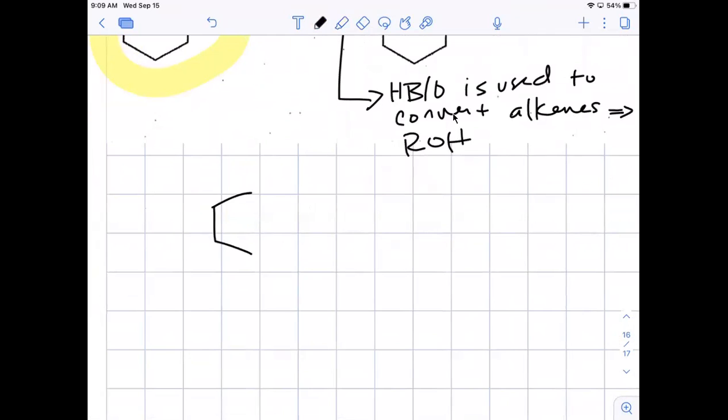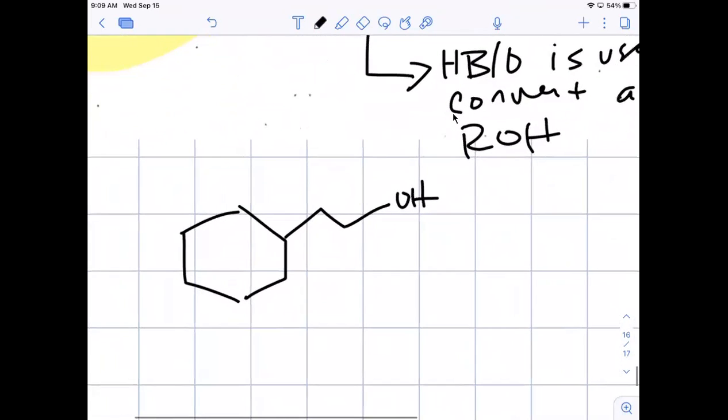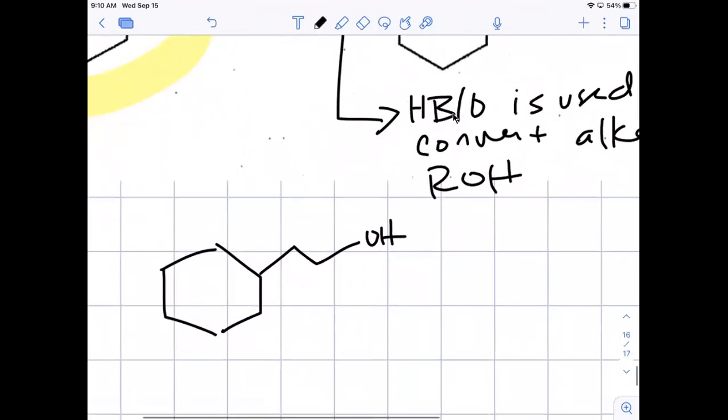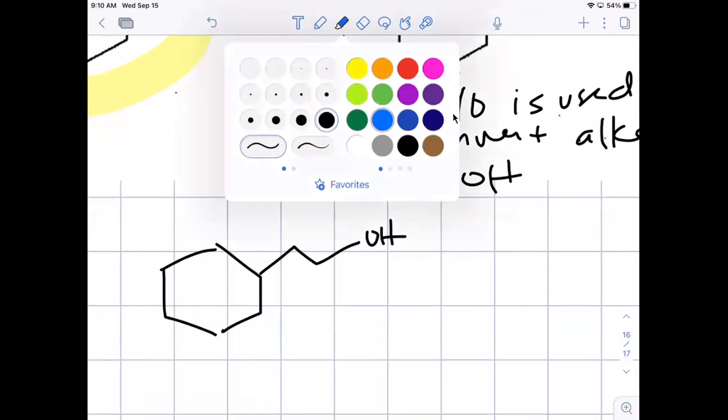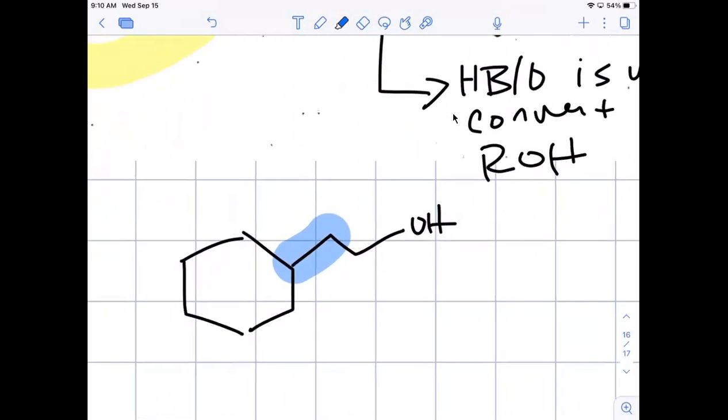When you do a retrosynthesis of a molecule like this, what you're looking for is ways to break it apart. You look for places where you can break bonds to see how to put it back together. So you can see here that there's a bond between the cyclohexane ring and this chain over here.